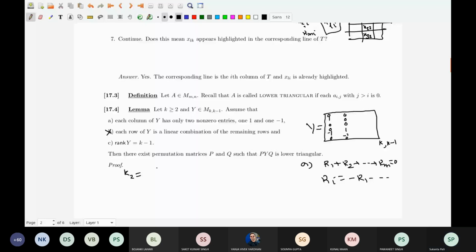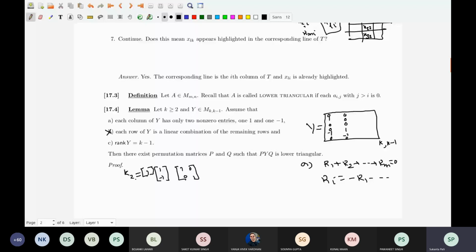So you can take P and Q as the identity matrix, 1 0 0 1, or anything. Because that itself is lower triangular. So for k equal to 2, this is trivial. There is nothing to say.